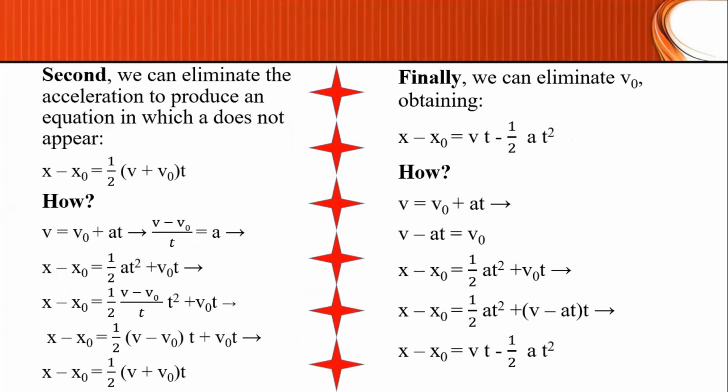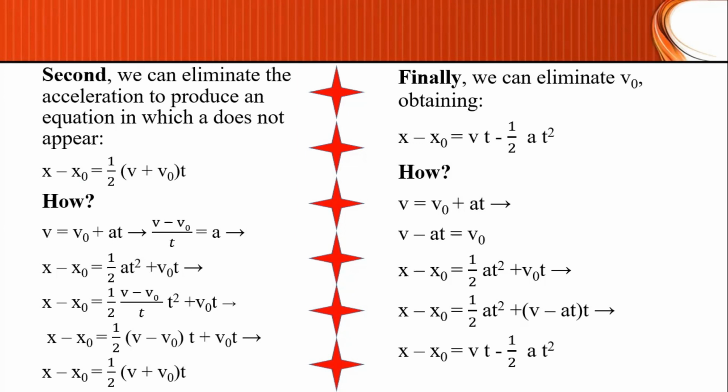Second, we can eliminate the acceleration a between the equations to produce an equation in which a does not appear. The equation is x minus x0 equals 1/2 (v plus v0)t. And how do we obtain this?